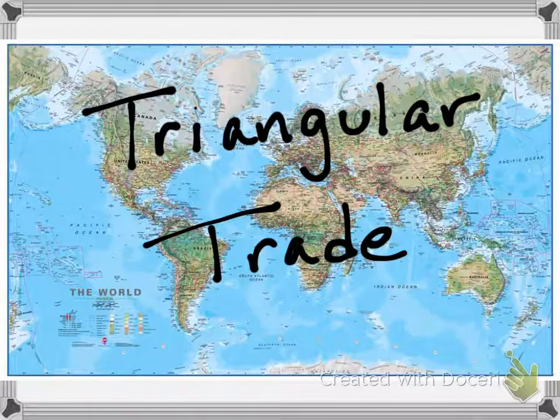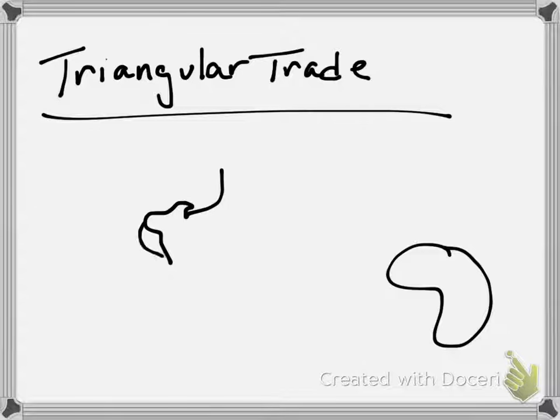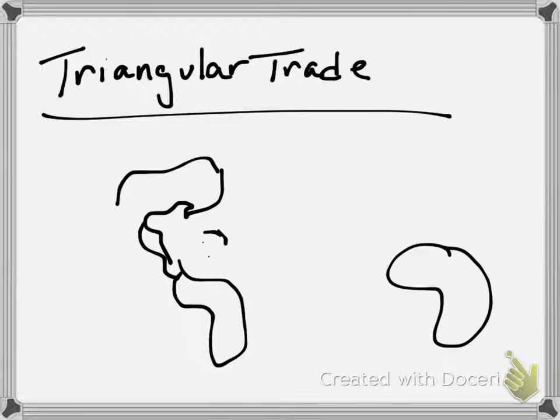Today we are going to talk briefly about the triangular trade. The triangular trade was a global trade that went on between Africa, the Americas and the Caribbean, and parts of Western Europe.